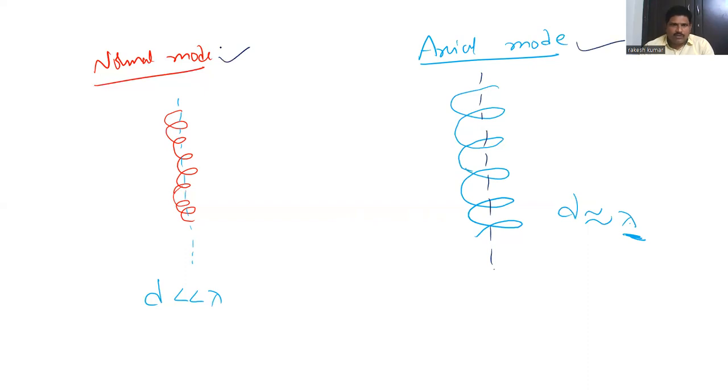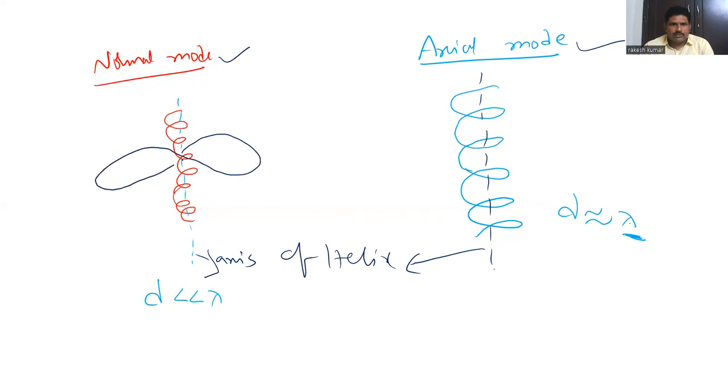So what is the difference between normal mode and axial mode? Here this is the axis of the helix, and this is also the axis of the helix. In normal mode, the radiation is perpendicular to the axis of the helix, whereas in axial mode, the radiation is along the axis.